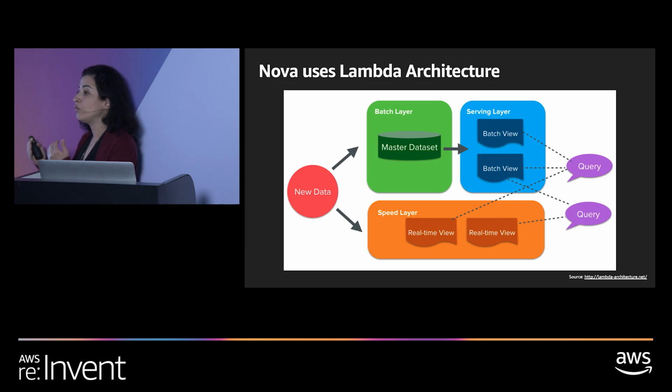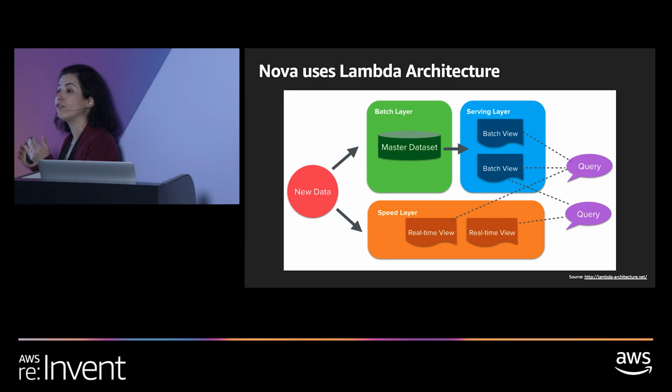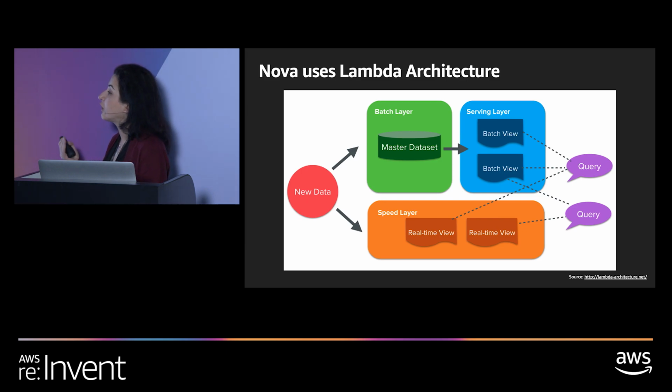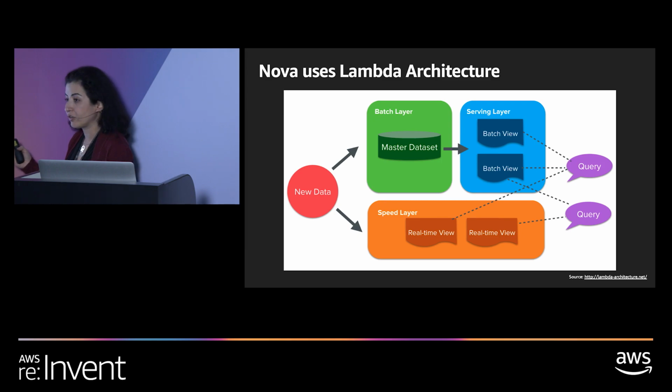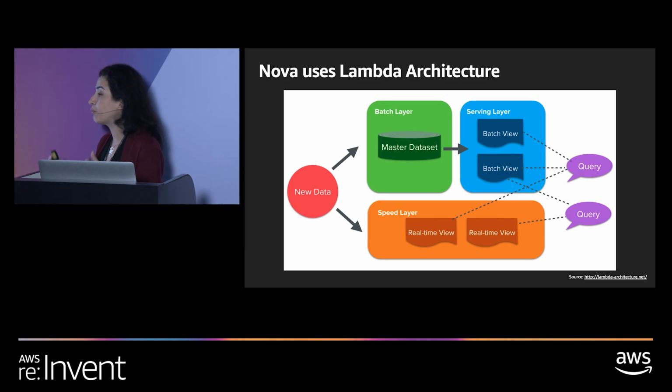So for that, we should be able to find an optimized way so that for batch data, for the historic data, we can do things fast. At the same time, you create a speed layer for the real-time data. So as the data is coming, it's going both to the speed layer as well as the batch layer. The speed layer is running on memory, and basically it's more expensive, but it has a short amount of data.